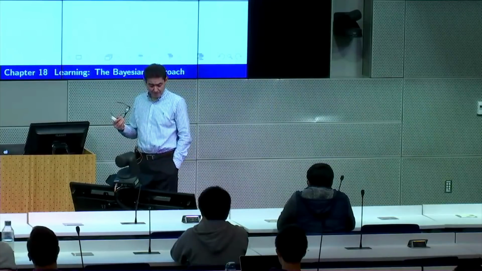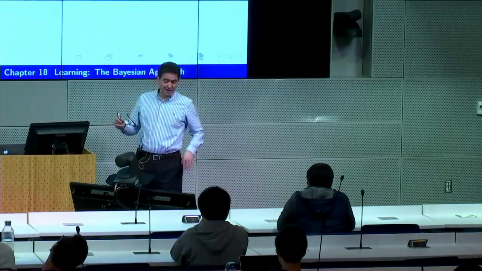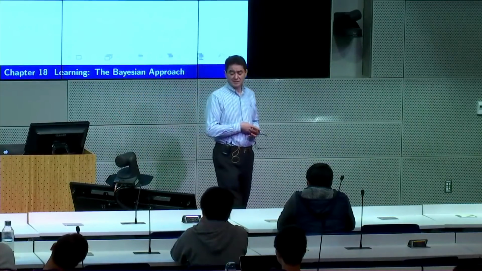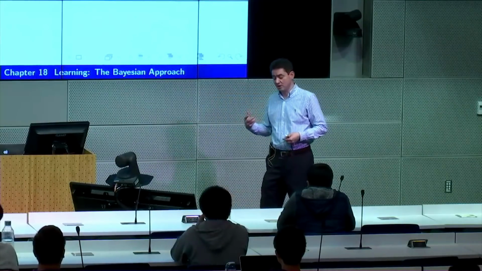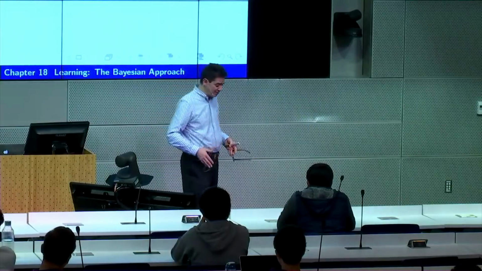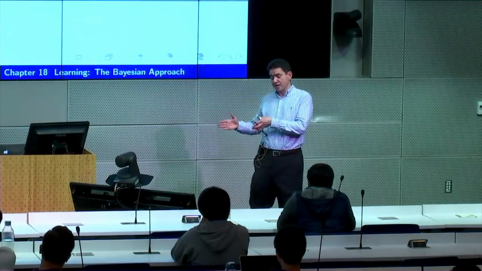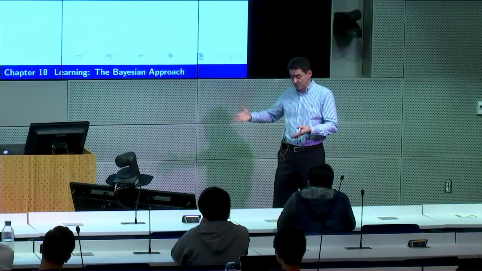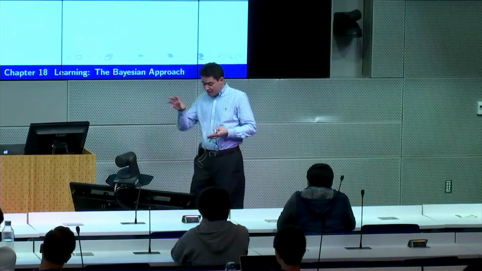All right, so what we've done again once more in this chapter is allow you to do learning when you have prior knowledge. We looked at the discrete parameter case, we looked at the continuous parameter case. In the discrete parameter case, the prior knowledge was just simply CPTs over discrete values of the parameter sets.